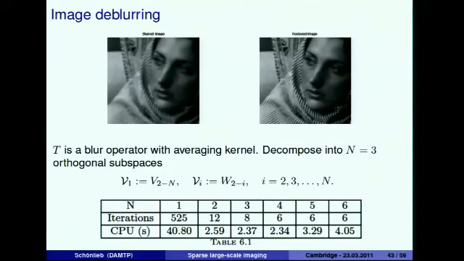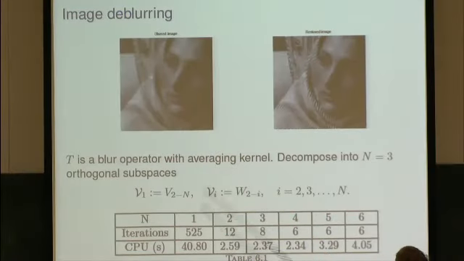And actually I'm not so experienced with this multi-resolution analysis, but this was very, very surprising for me. So you have a blurred image and you restore it, and here you split into n subspaces. Okay, so here n is 1, 2, 3, 4, 5, and so on. So this is when you don't split, basically.